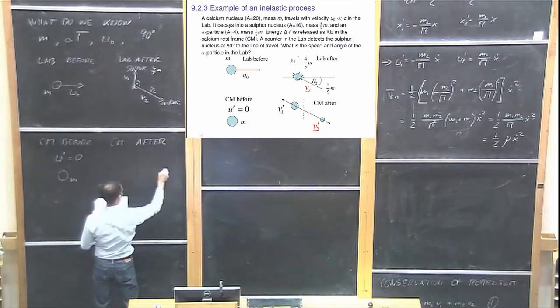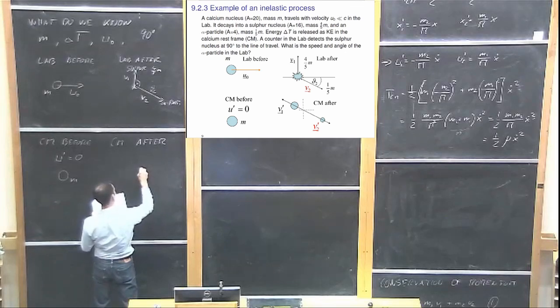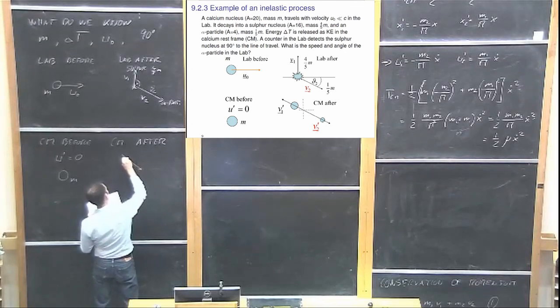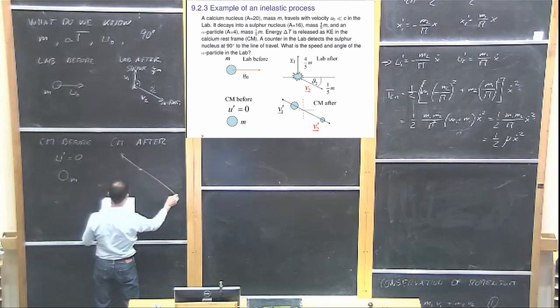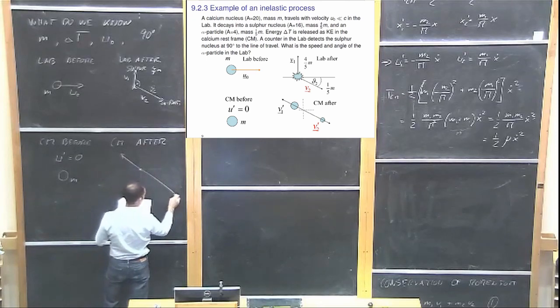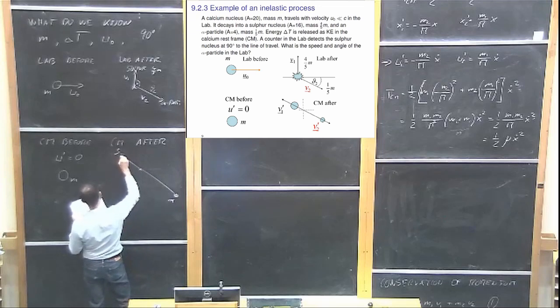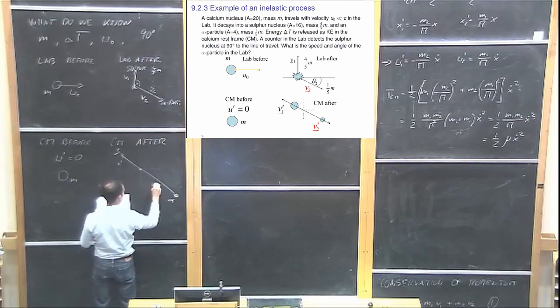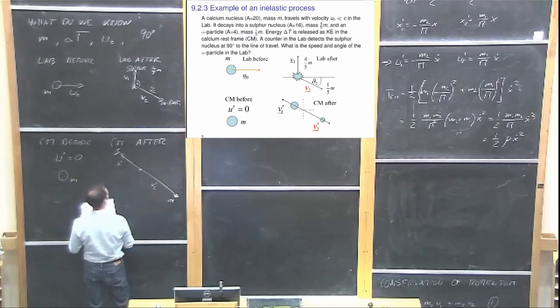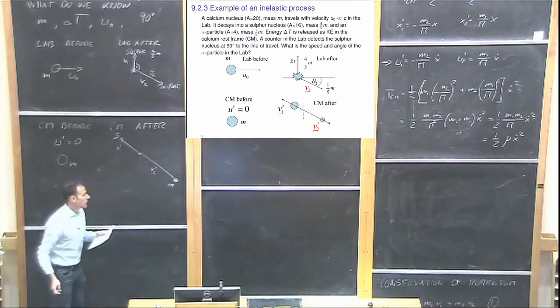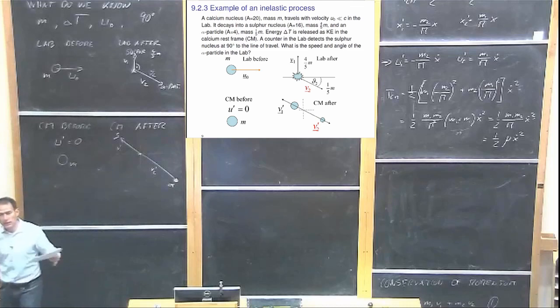So just draw a little coordinate system. We've got here the x, the reaction, and we have here the alpha particle. We have the sulfur going up here with V1 prime and V2 prime. They have to be in opposite direction.